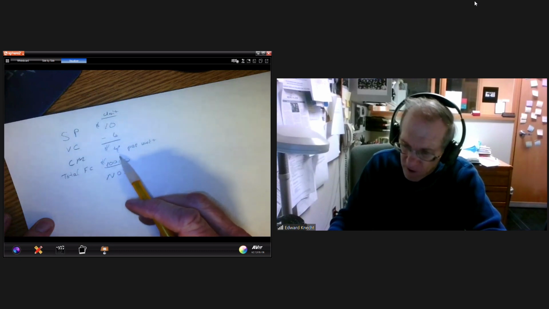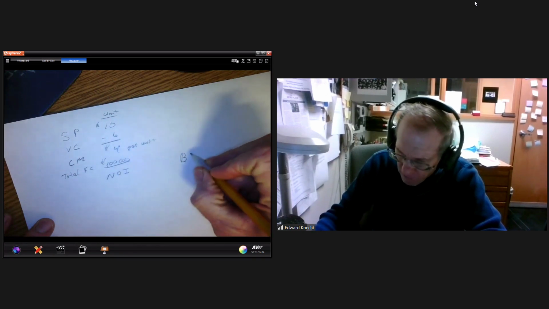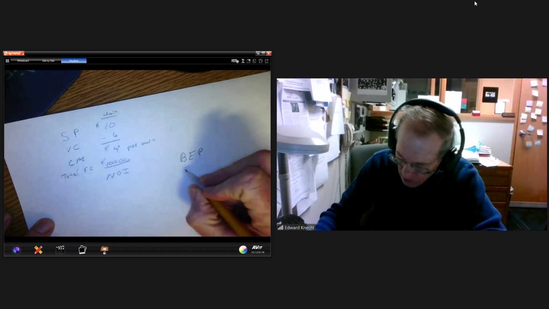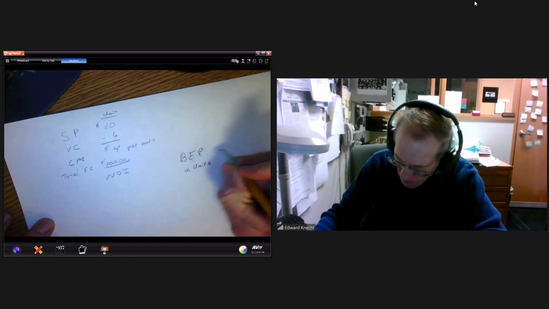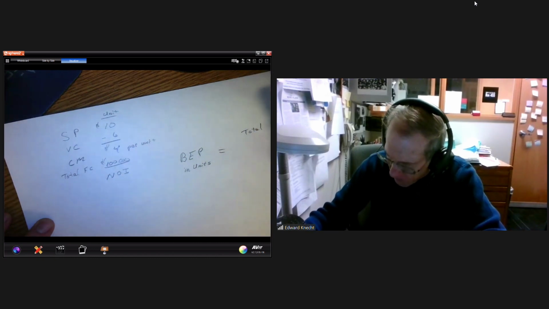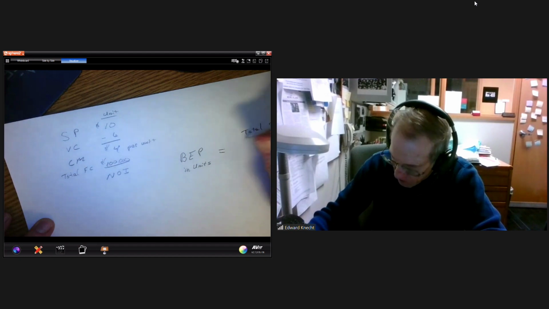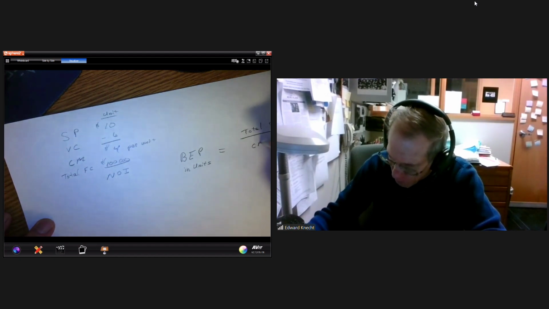We have contribution margin per unit. So I could determine the break-even point in units by simply taking the total fixed cost or fixed expenses and dividing it by the contribution margin per unit.